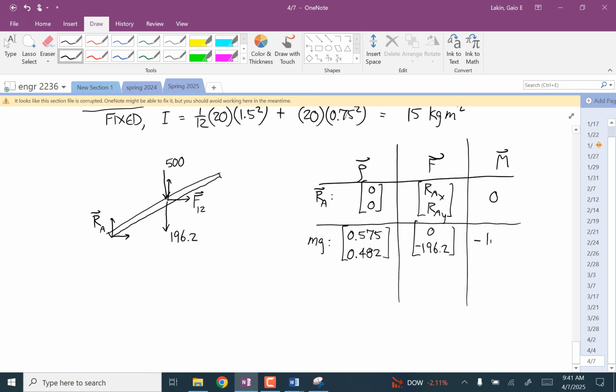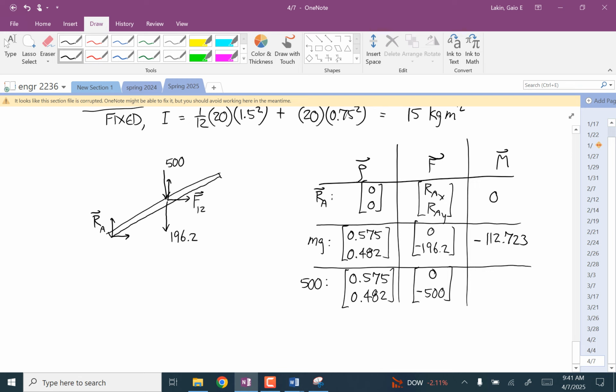And you get negative 112.723. Next, I'll do that 500 Newton force. It has the same rho vector. The force is 0, negative 500.